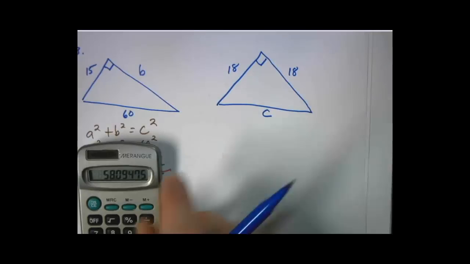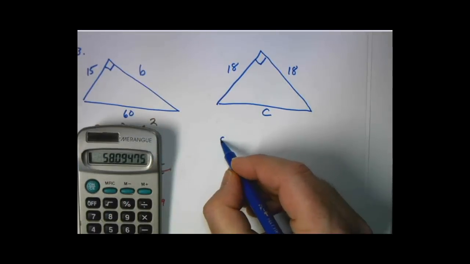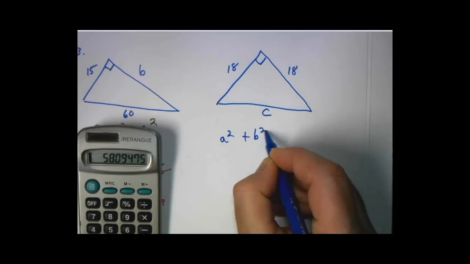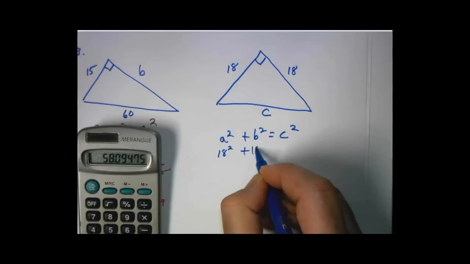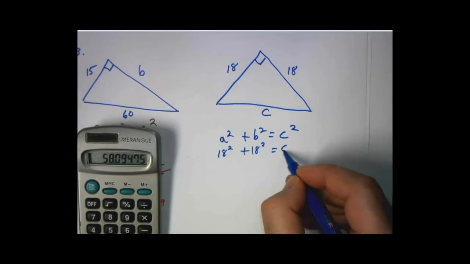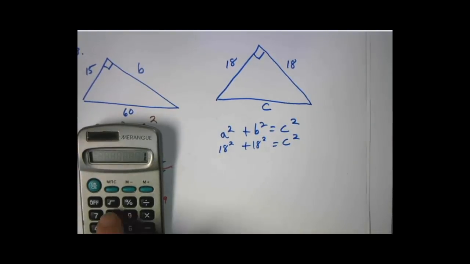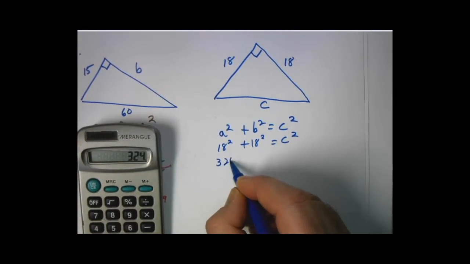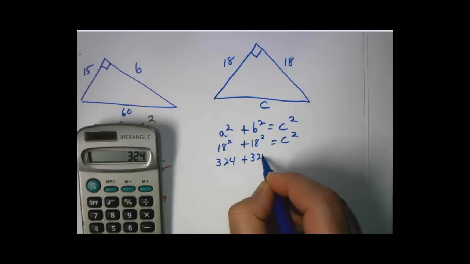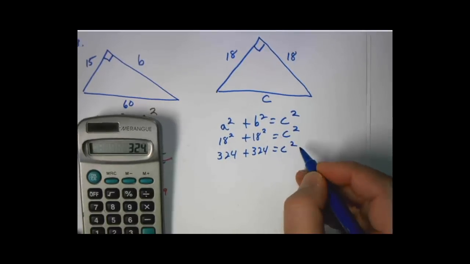Okay, so these numbers are the same. So we have a squared plus b squared equals c squared. So we have 18 squared plus 18 squared equals c squared. 18 times 18 equals 324, plus 324 equals c squared.